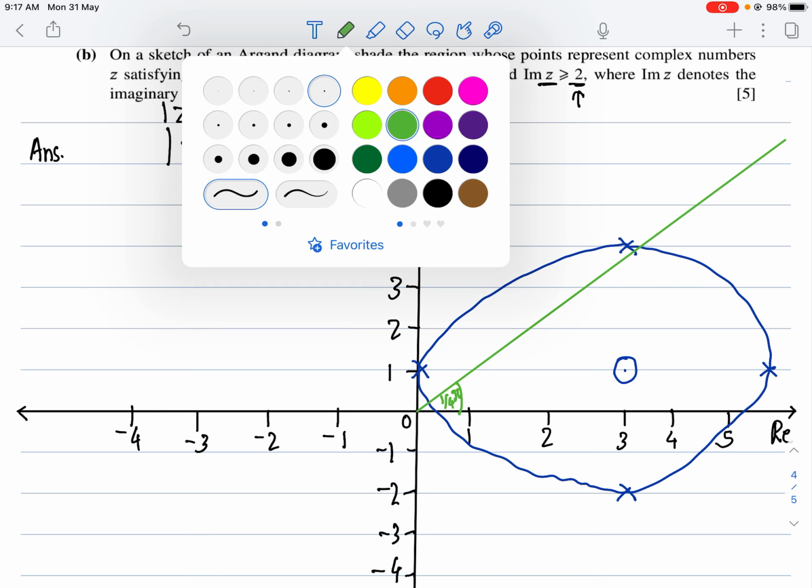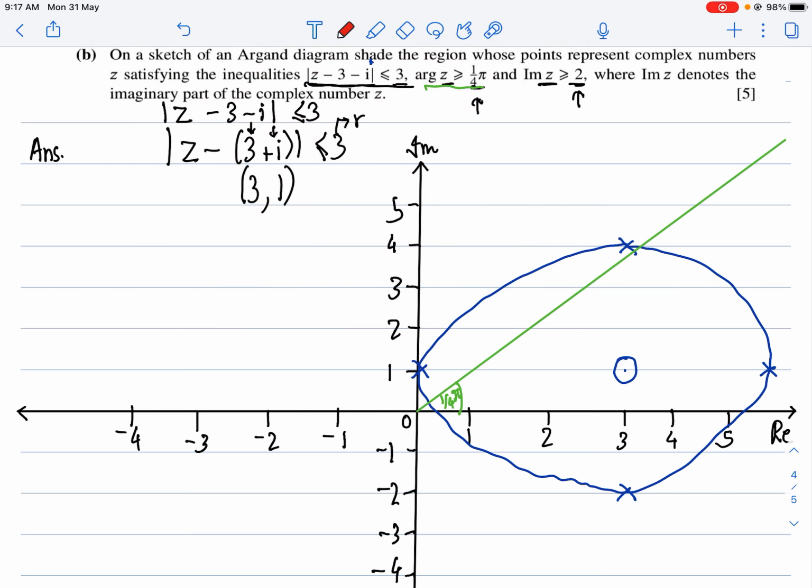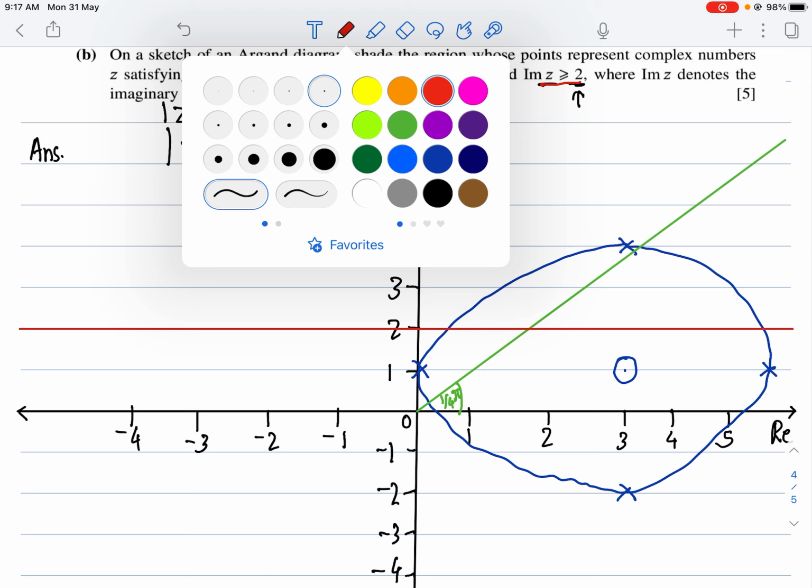Now the last one, I have the imaginary part of z, which should be more than or equal to 2. So I know that line passes through somewhere here. Now we need to see the attraction. There's no term for this, but yeah, I call it attraction.